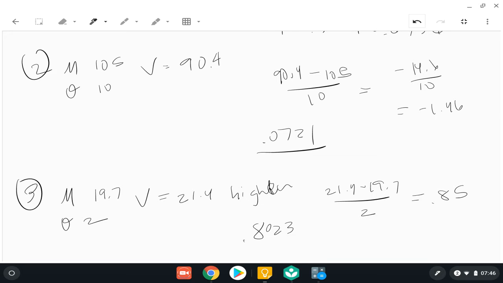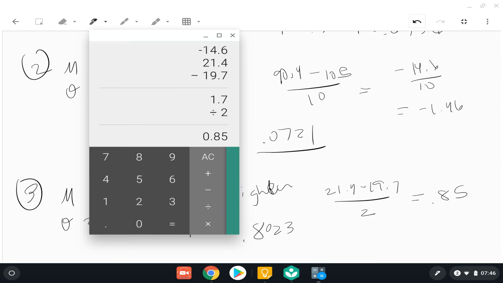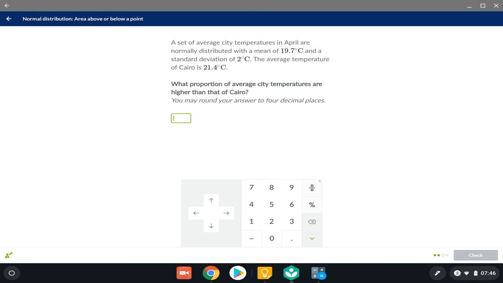And since we need the inverse, it's going to be 1 minus 0.8023, which equals 0.1977. So 19.77% is higher than the value in the example.